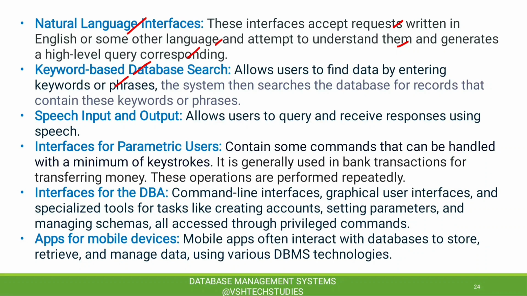The system then searches the database for records that contain these keywords or phrases. So when we enter a keyword onto Google search, it searches the Google database for the keywords and displays the websites that match.